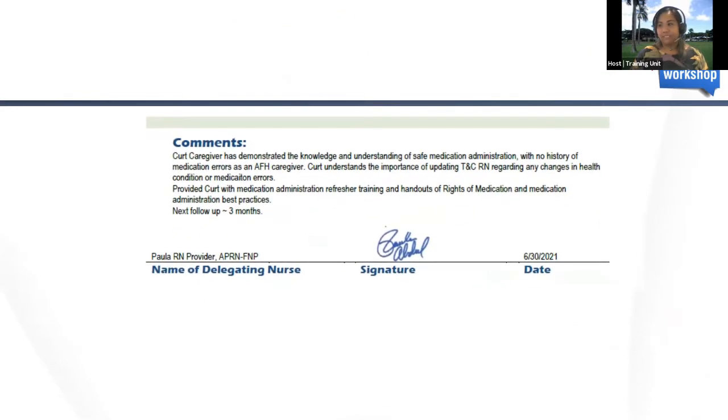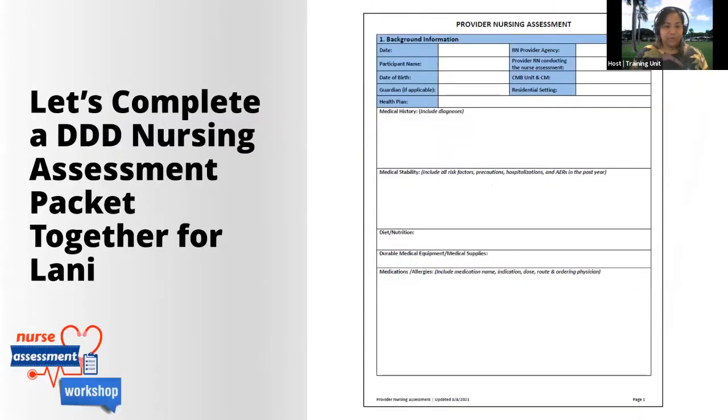And then here are the comments, right? So Kurt does have the knowledge. She provided the refresher training, and he is in accordance with the rights of medication, and the next follow-up is every 3 months. Okay, so as you remember, we filled out the nursing assessment.